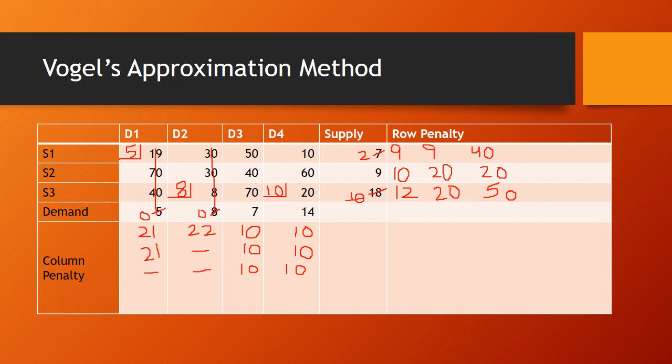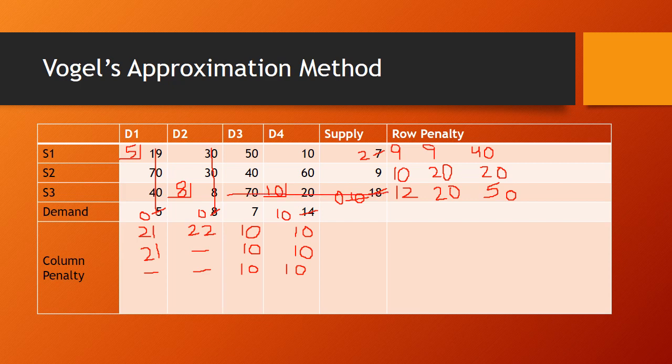It has supplied all it could have supplied, so supply capacity came out to be 0. The demand was 14, 10 you have met, so 4 demand still remains. The supply capacity of this row has been met, so you will cut this.